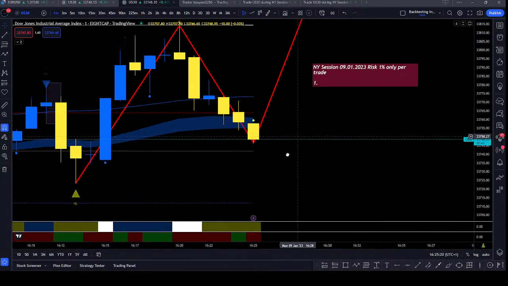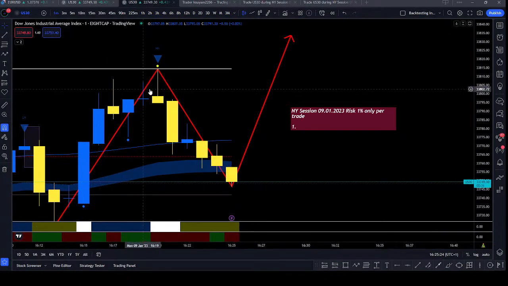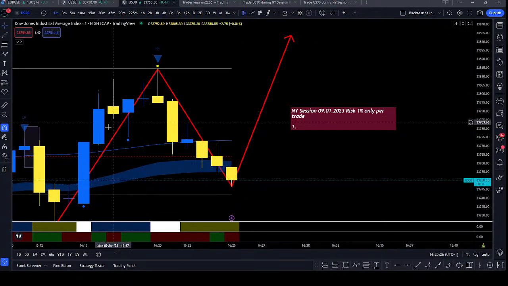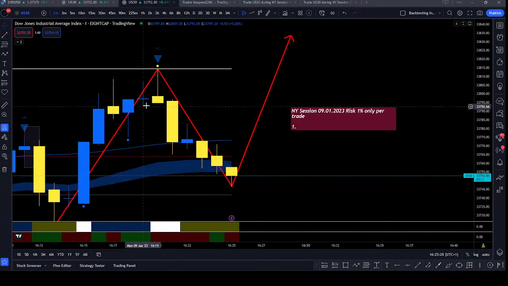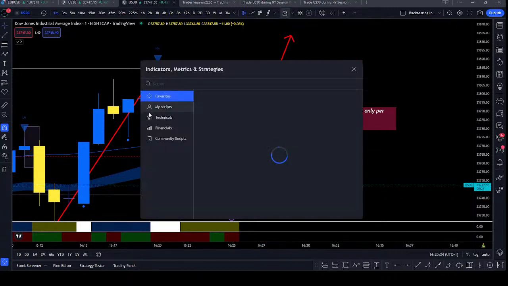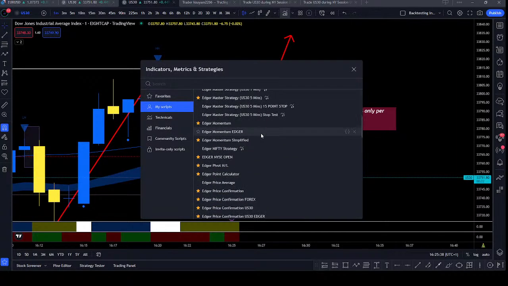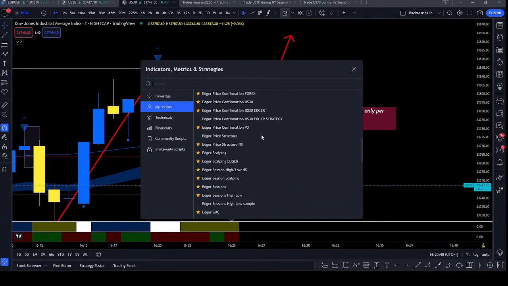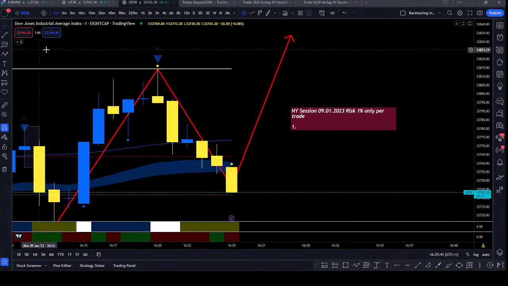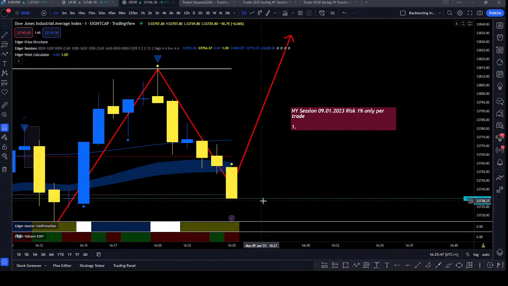There is a shift in the structure again. This is just a manipulation. That's why I say don't enter on the first leg. You got really manipulated. Let me turn this on so we know what the structure of the market is.